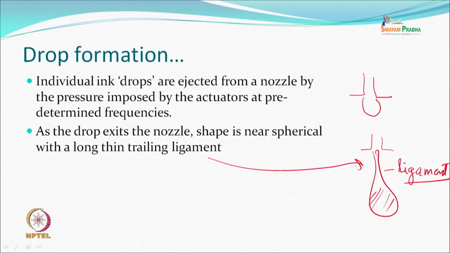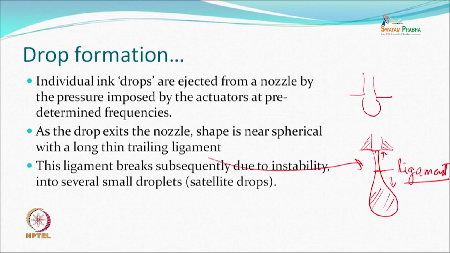At some stage it has to break. What happens when it breaks? This trailing ligament which is attached has to break. When it breaks, part of it will go to this and part, depending upon where it broke, may go back. This is how the drop may form.